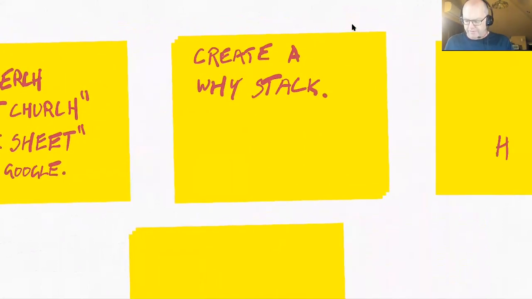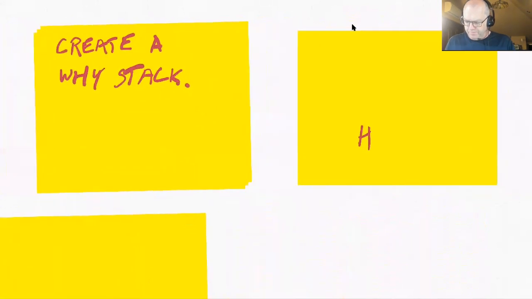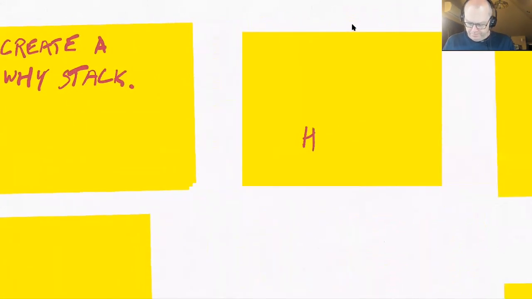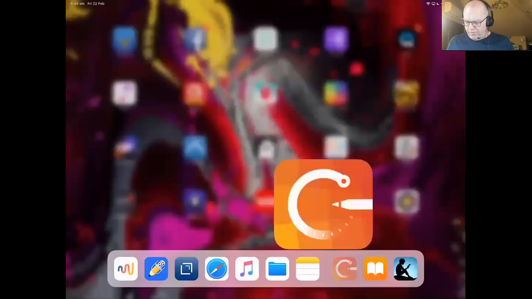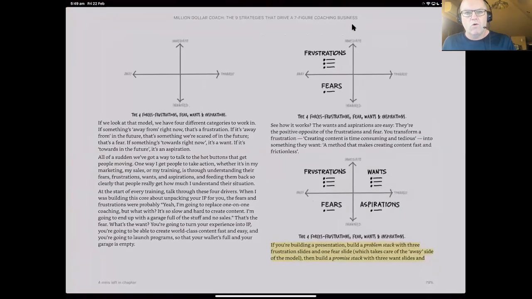Create a Y stack. Fantastic. Now, some of you might be saying, hang on a second, I don't understand any of that. That's fine. We're just identifying our top line parts of the process, that's all that we're doing. We're identifying the key steps of what we need to do to design a course that we can deliver to sell.